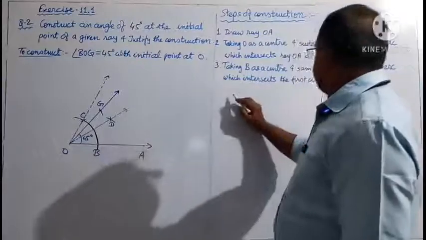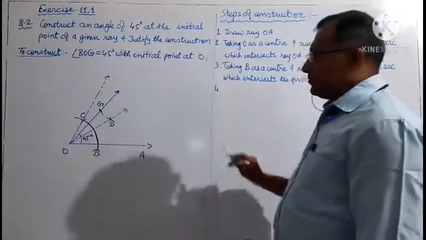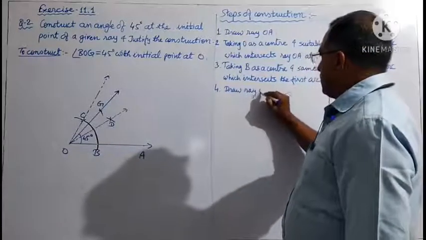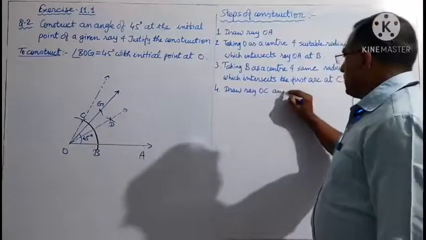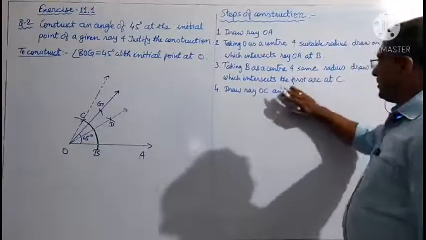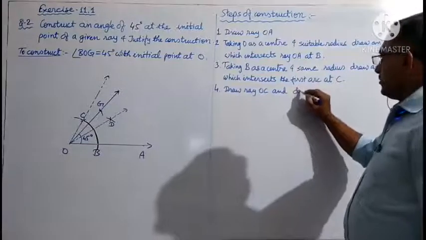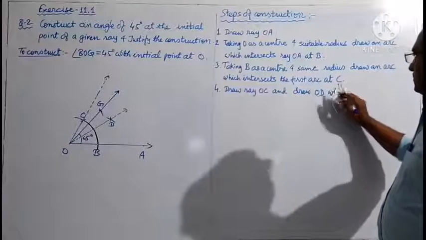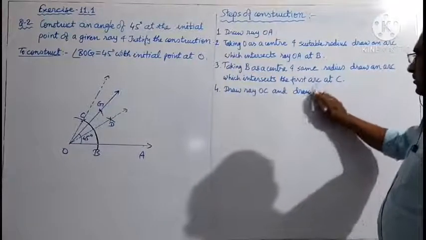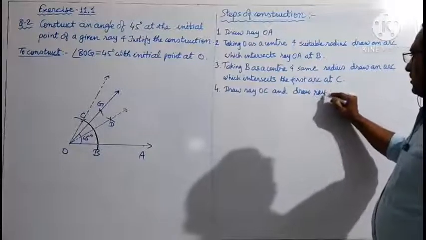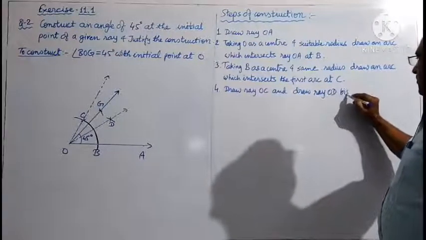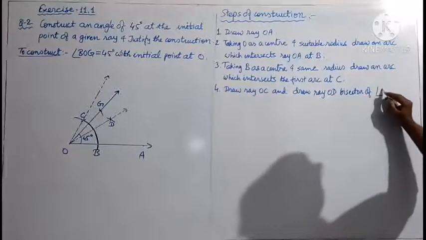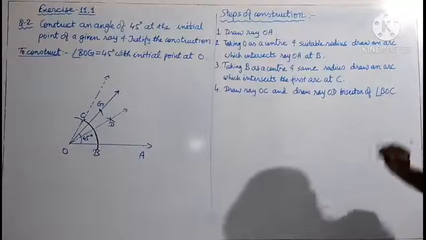Okay. Now draw ray OC and bisect. Draw ray OD, bisector of angle BOC.